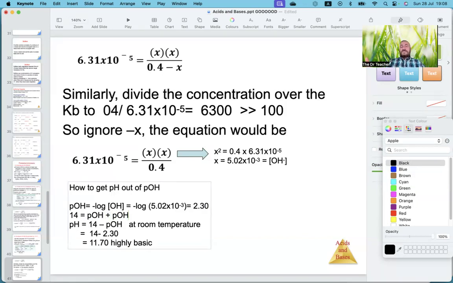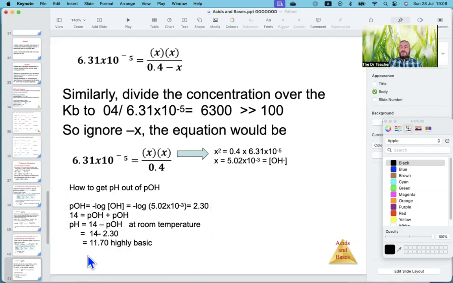You see, that's the scale of 14. It's all pH plus pOH. Now, you take out the pH, it's missing. So 14 minus pOH, which I found here, 14 minus 2.3 is 11.7. Now, what's that? It's highly basic. So now we have a big base. And so this base has pH 11.7. So now you have the pH of this solution.